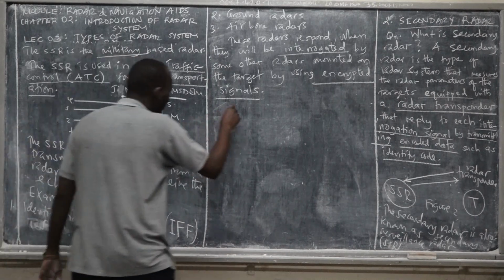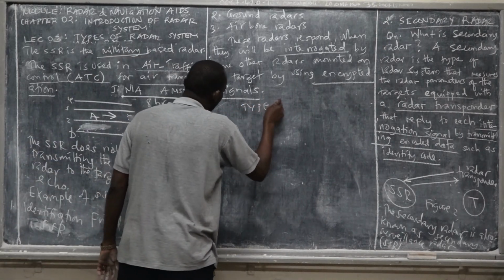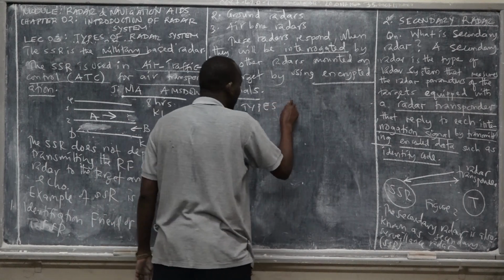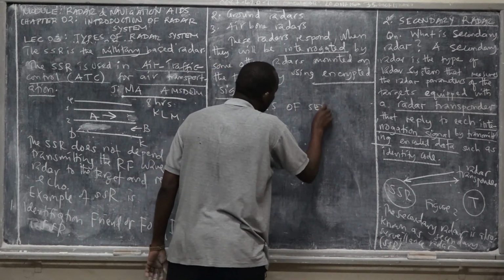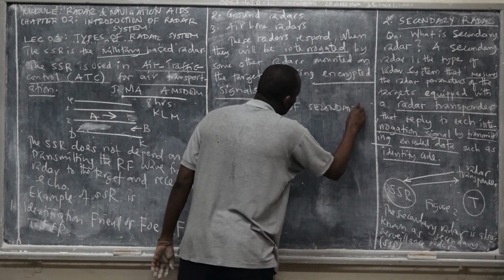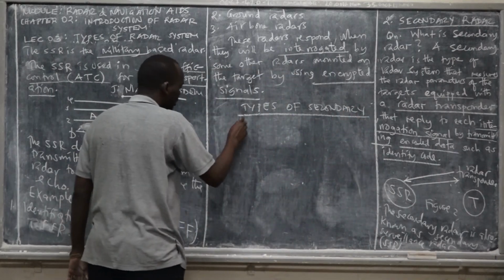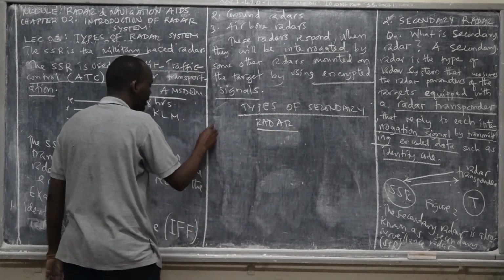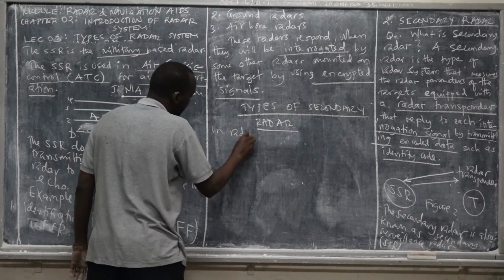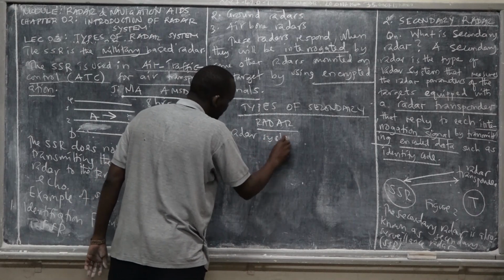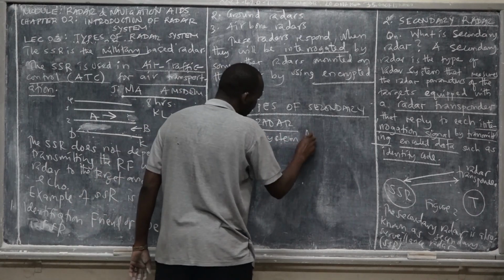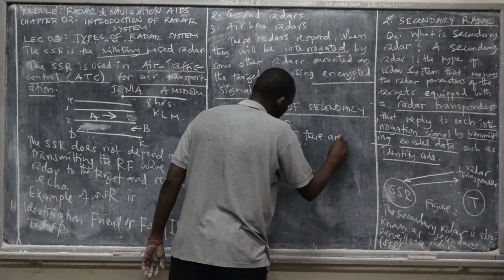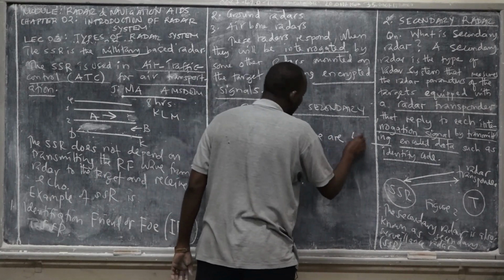Okay, if that's the case, let us end our class by learning the types of secondary radar. In case you have any question, you may ask about what we have discussed.